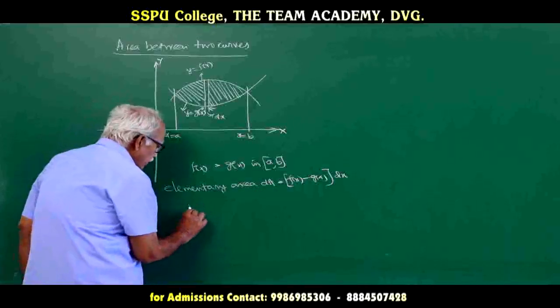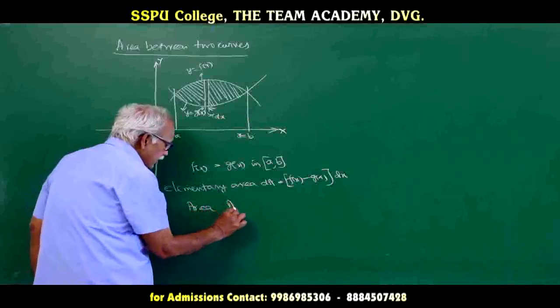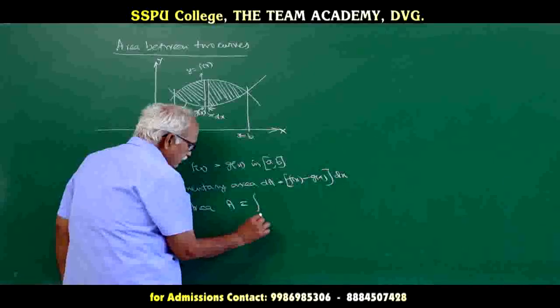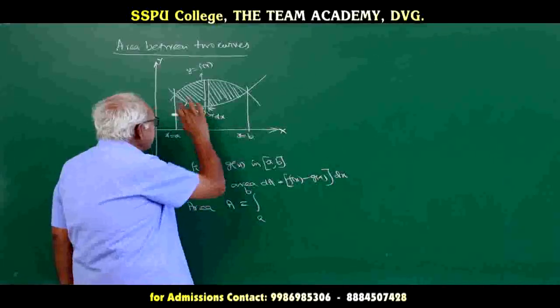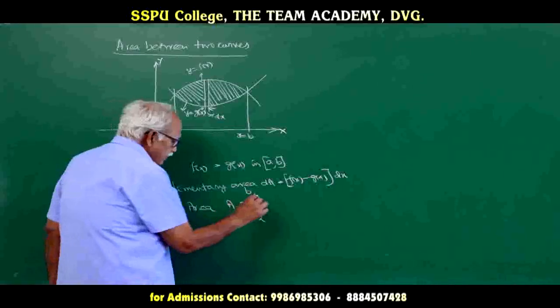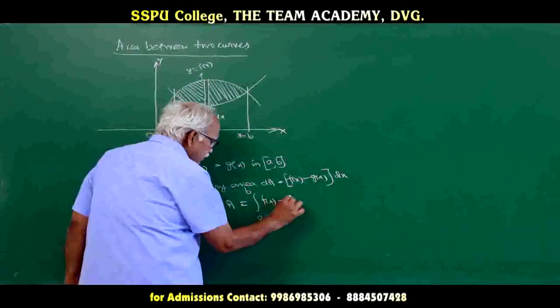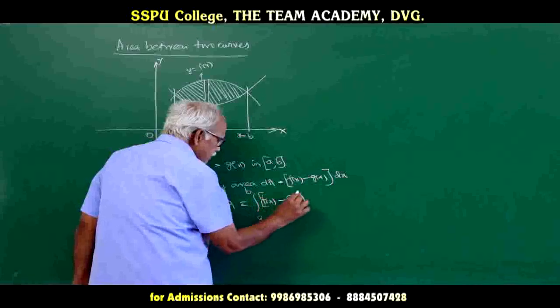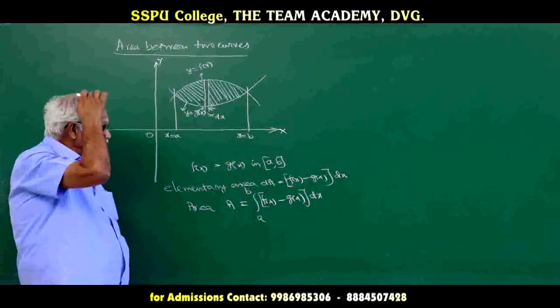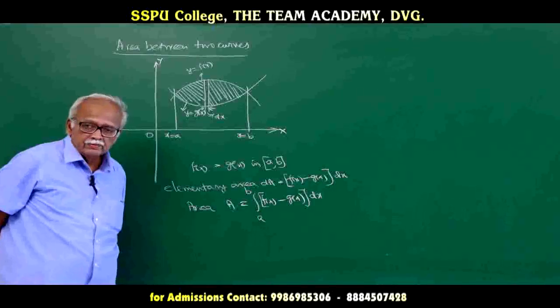Now, the area comes as A is equal to the integral of this. What are the limits? A is equal to the integral from a to b of f of x minus g of x into dx. So, this is the formula for area between the two curves.